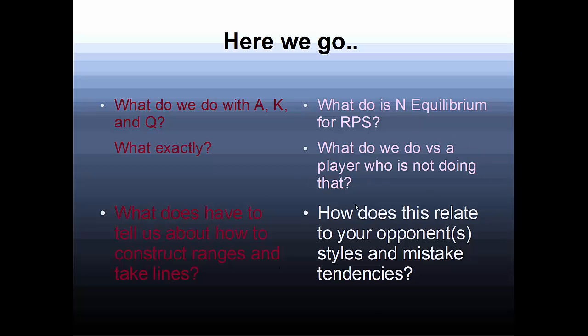How does this relate to your opponent's styles and mistake tendencies? Well, the rock, paper, scissors effect correlates exactly with the three basic mistake tendencies or mistake propensities, or kind of archetypal villains you can encounter. We could say there's three kinds of mistakes that you or your opponent can tend to.